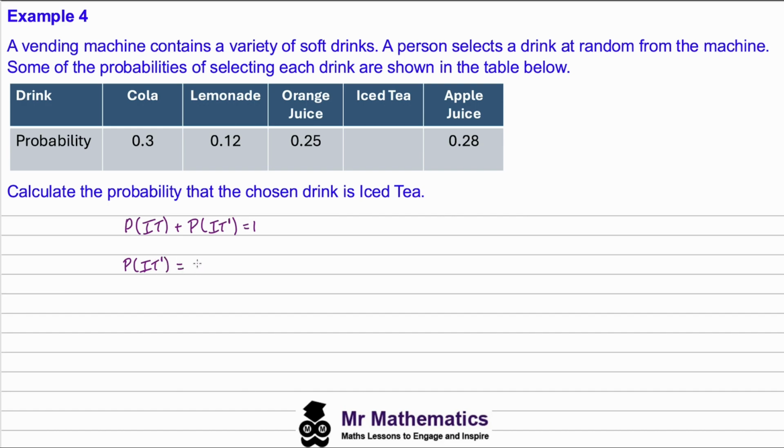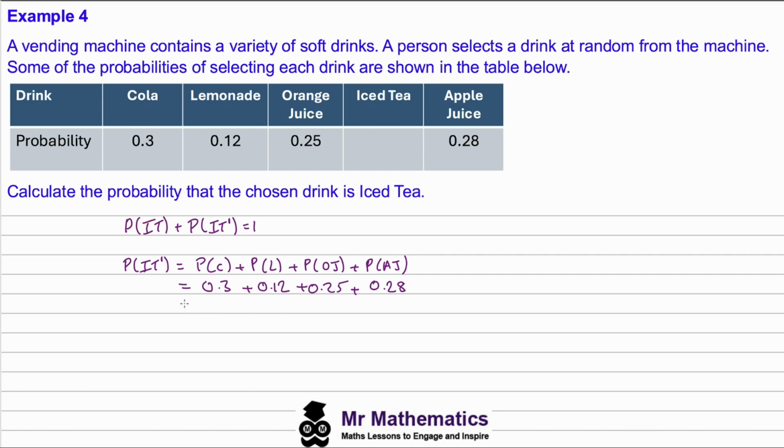And if it's not iced tea, then it must be cola or lemonade or orange juice or apple juice. So we can work these out. We've got 0.3 plus the 0.12, 0.25, and the 0.28.